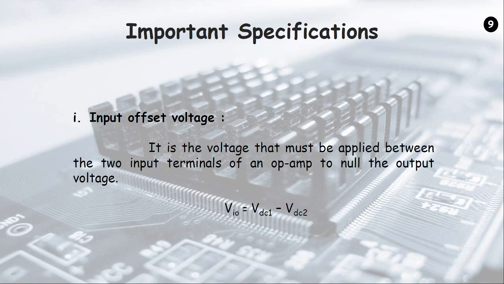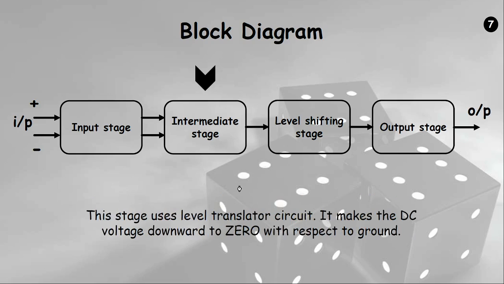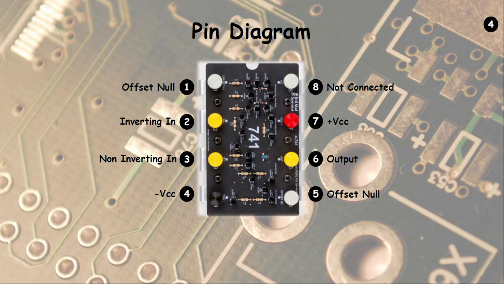The input offset voltage is the voltage that must be applied between the two input terminals of the operational amplifier to null the output voltage. I will give you the example of this IC.